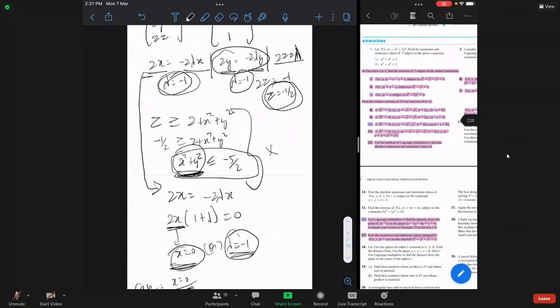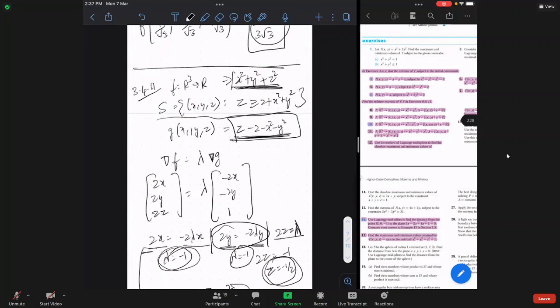Okay. Now, as you can see, this is a sum of squares kind of equation, so this is always an increasing function. And I also have z greater than or equal to 2 plus x squared plus y squared, so my z value is going to be more and more according to this constraint. So this is definitely an increasing function.